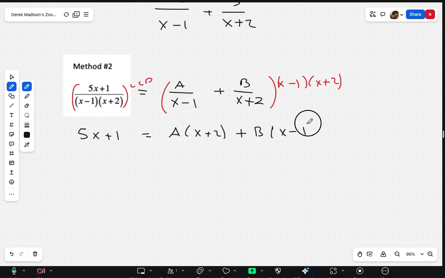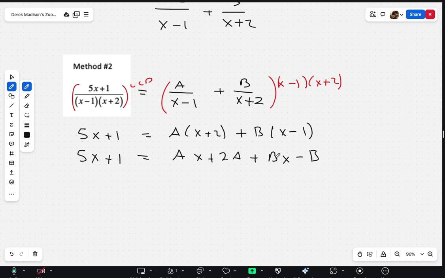But this time, instead of using the zeros, because sometimes you don't have any zeros, and then that complicates things, I'm going to distribute through the a and the b. So that would be ax plus 2a plus bx, and then minus b.